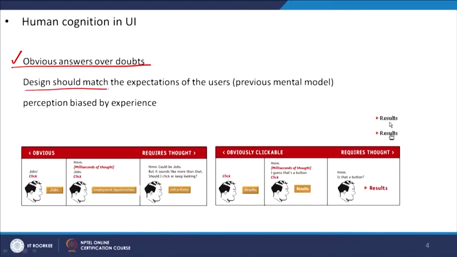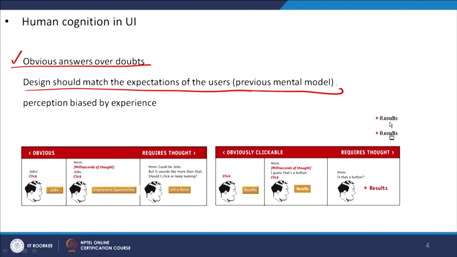If users are not sure what the expected outcome will be when they click on the button, and the outcome does not match their expectation, they will not be able to perform the task easily. So design should match the expectation of the users. Users always have a mental model.